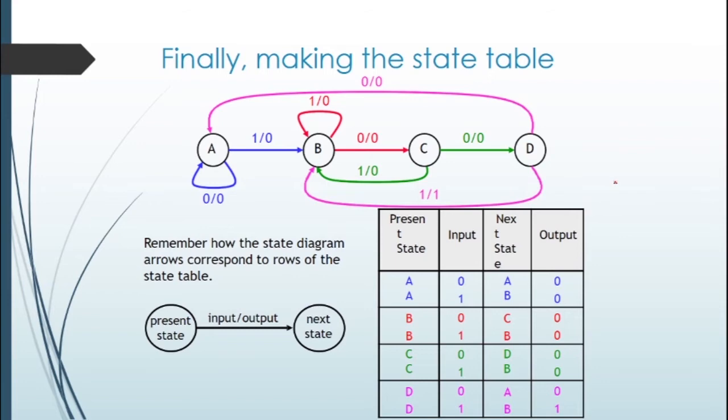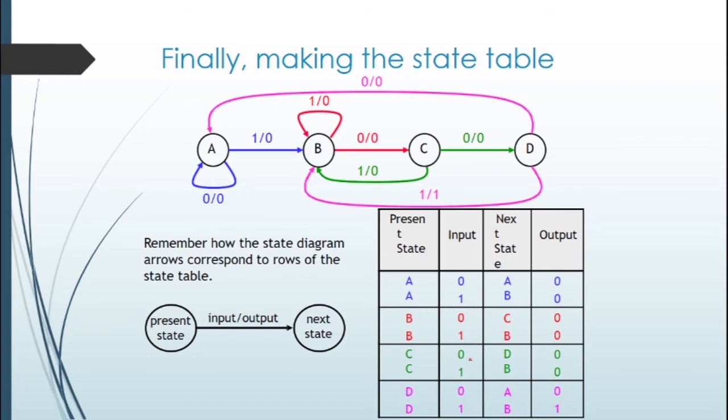Present state A: if the input is 0, it will stay in state A, or if the input is 1, it will go to state B. Similarly in state B, for input 0, it will go to state C, or if the input X is 1, it will stay in state B. From C, if the input X is 0, it will go to state D because it's following the pattern, and if the input is 1, it will go back to B because it resets to the first step of the pattern.